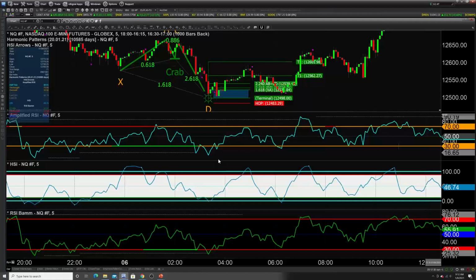Look at where we are with the indicators, at least where the sun icon is. You are deeply oversold, still oversold there in HSI, and oversold there in regular RSI. Now you're probably pretty excited because look, your green line stops. That's where the RSI bullish divergence completes. There, and you're pretty close.